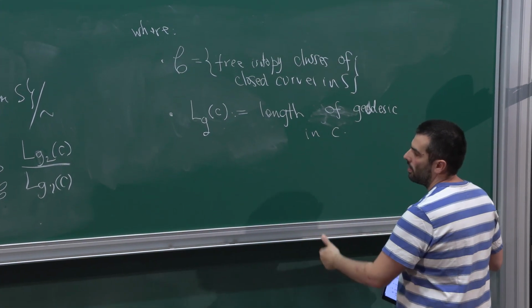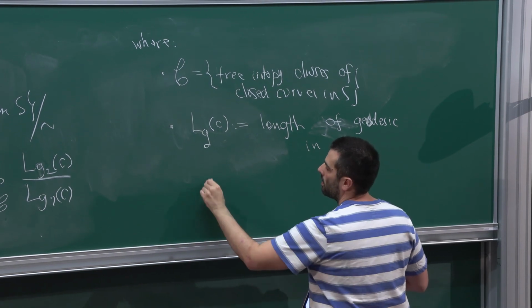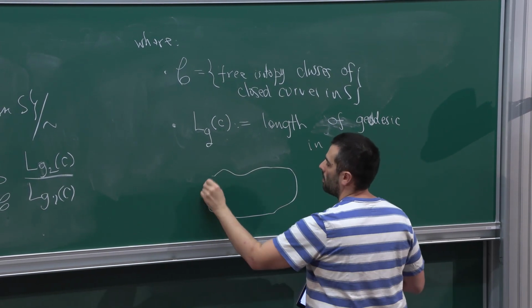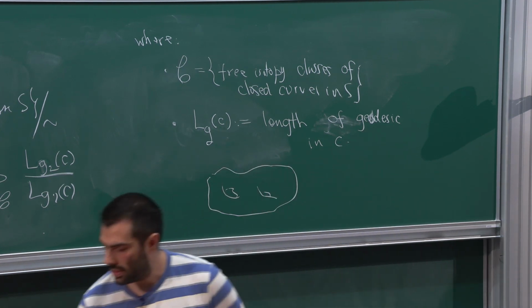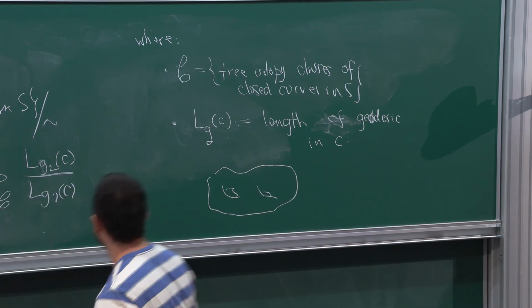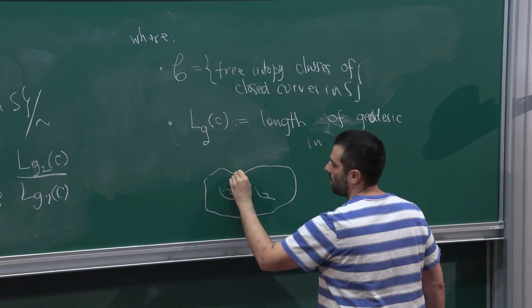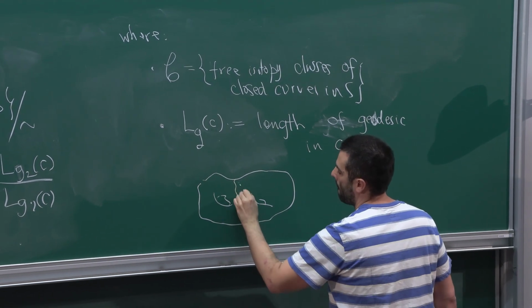So the picture is sort of like this. I have a topological surface S, and I have an isotopy class in there, which I will draw as a curve, but it's really a family of curves.